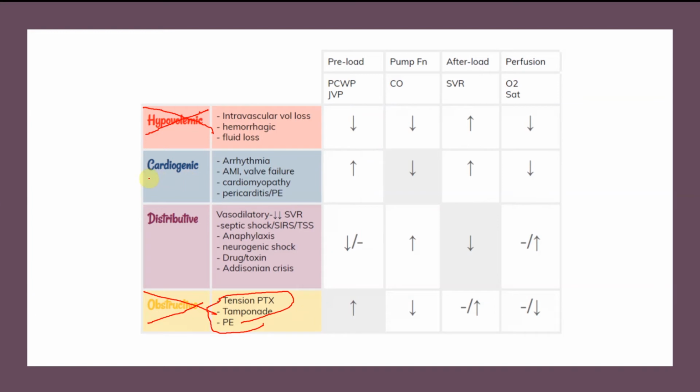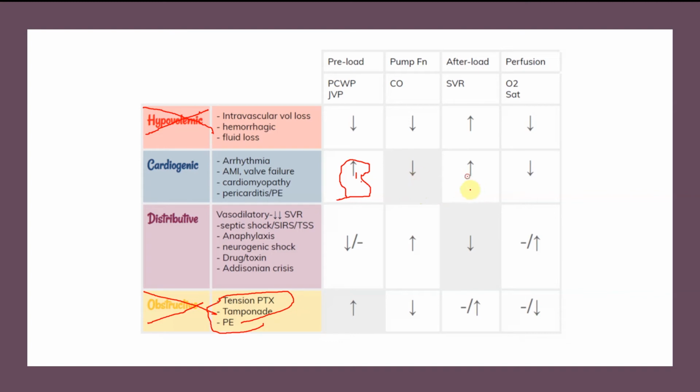For instance, if you have a patient with cardiogenic shock, let's say they're having a big MI, their preload is actually increased because the pump is not able to squeeze hard enough to promote forward flow of blood, so the preload is actually becoming congested. So it's returning back to the heart, but it's not able to actually be ejected properly. The pump function is decreased, and that's pretty obvious.